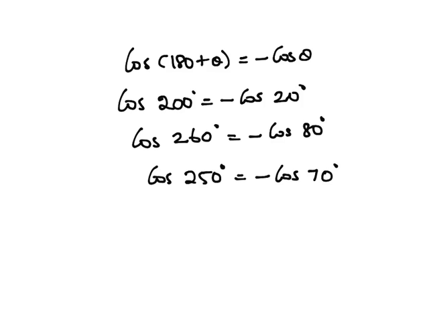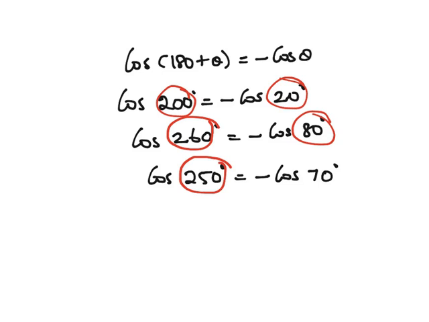You can see the difference between 200 and 20 is 180. The difference between 260 and 80 is again 180, and the difference between 250 and 70 is again 180 degrees.